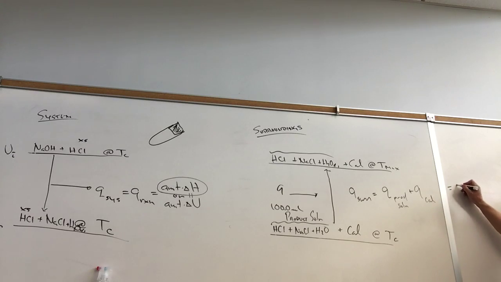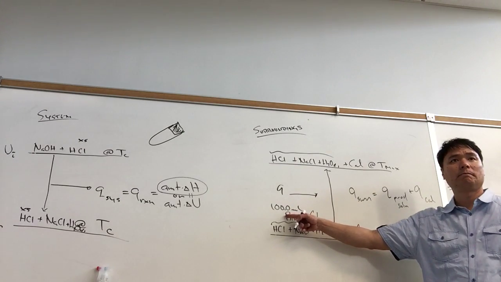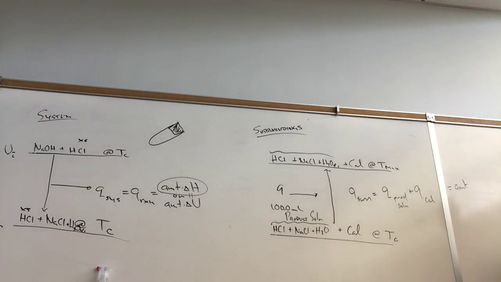Q of the product solution is going to equal the amount of product solution. Well, what's the amount of product solution? 100 milliliters, right? Times C of the product solution times delta T of the product solution.